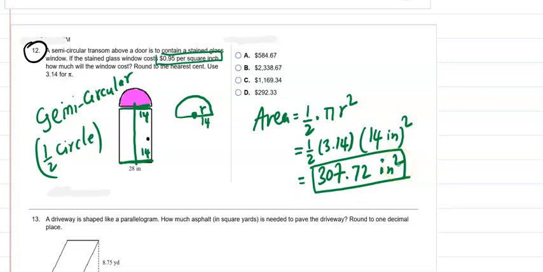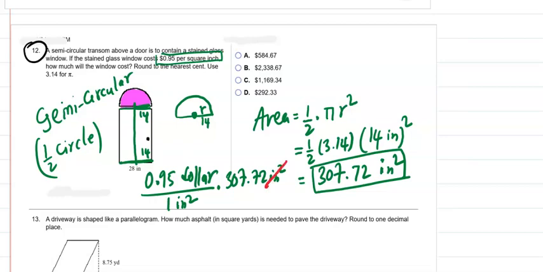So let's do that. $0.95 for 1 square inch, that's what it tells you. 95 cents per square inch, same as $0.95 per 1 square inch, times the square inches of glass you need, so you multiply by 307.72 inches squared. The inches squared cancel, so you multiply basically 0.95 and 307.72, and you get $292.33.